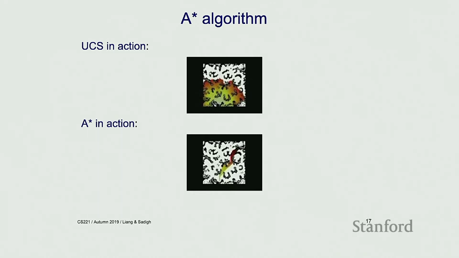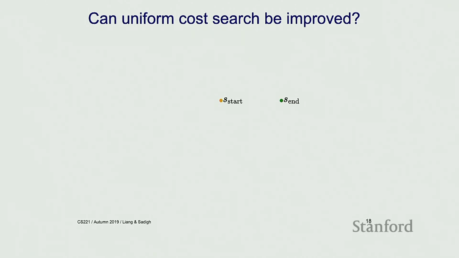The idea of A star is to basically do uniform cost search, but do it a little bit smarter and move towards the direction of the goal state. So if I have a goal state, particularly in that corner, maybe I can move in that direction in a smarter way.